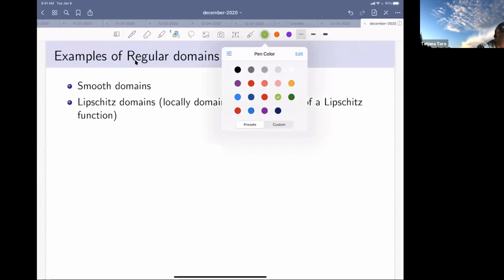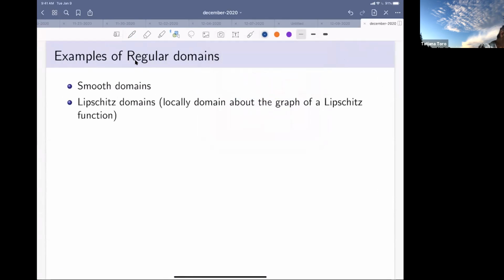Let me remind you what I mean by a Lipschitz domain. A Lipschitz domain is a domain that can be written as the area above a graph of a Lipschitz function, locally the area above a graph of a Lipschitz function. From my point of view, this is as nice as a smooth domain.